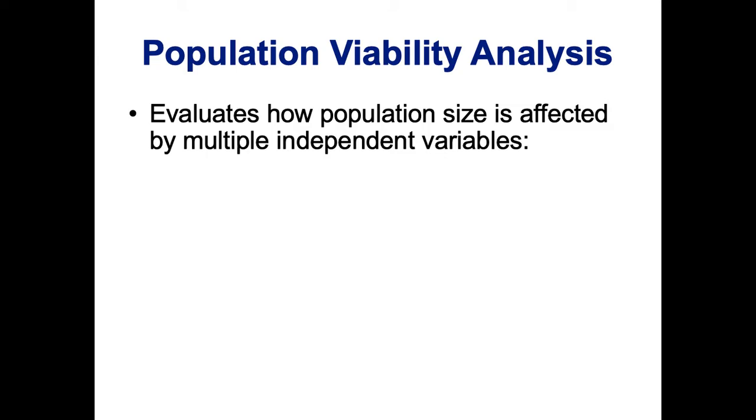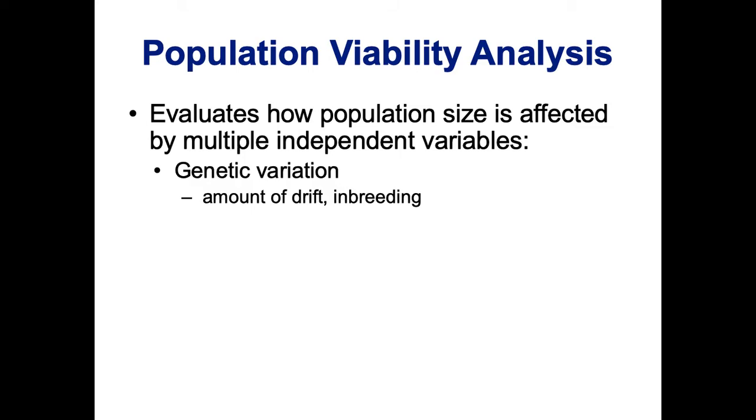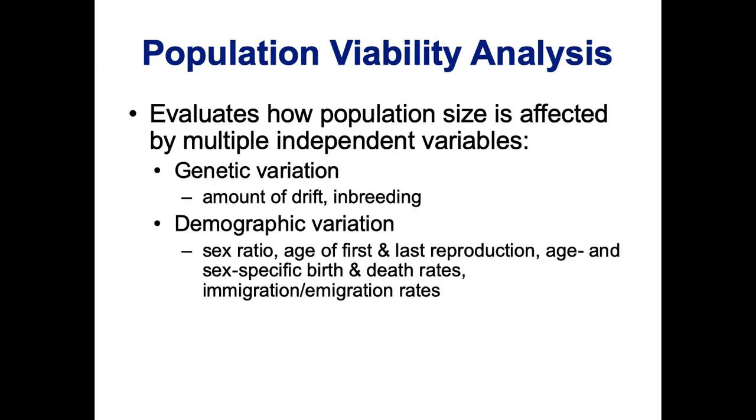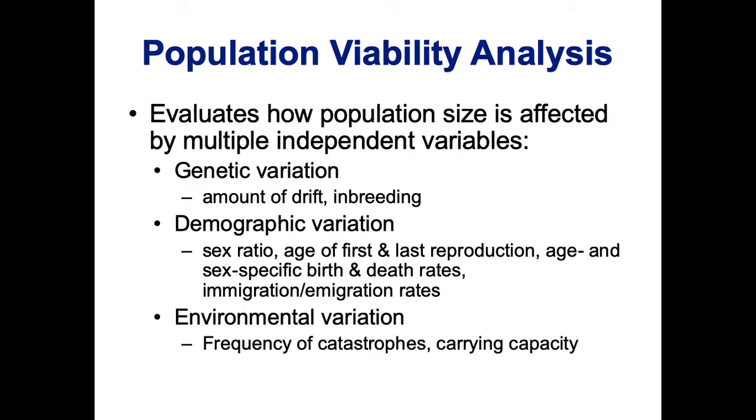So it evaluates how population size is affected by multiple independent variables. It includes genetic variation, so we can look at the amount of genetic drift and inbreeding, if you'll remember what those are. It looks at demographic variation, so variability in sex ratio, age of first and last reproduction, age and sex-specific birth and death rates, immigration and emigration.